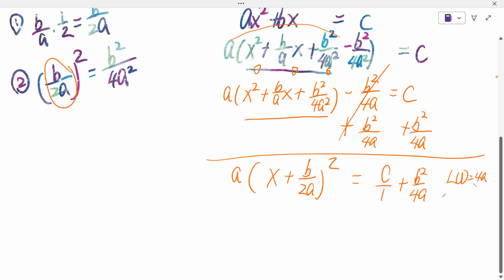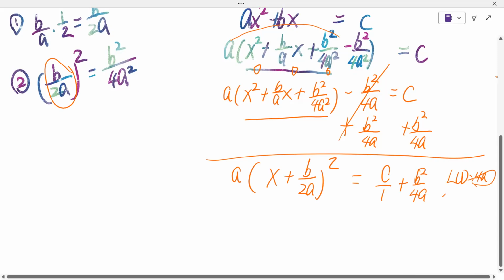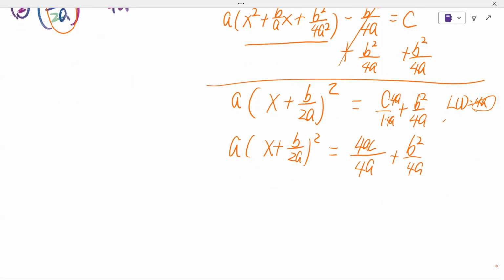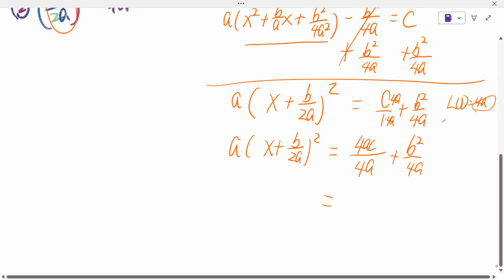We're going to use 4a to combine them, so you multiply 4a here, multiply 4a here. So we get negative 4ac over 4a, and then plus b squared over 4a. Then again, we combine them, and it turns into b squared minus 4ac over 4a.